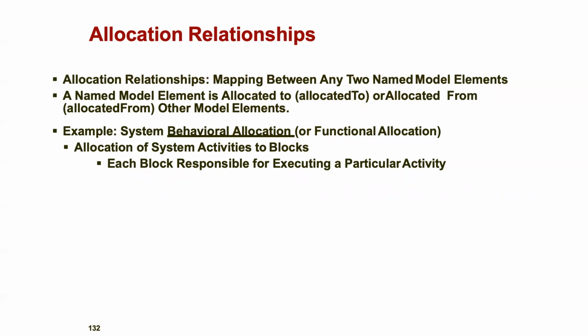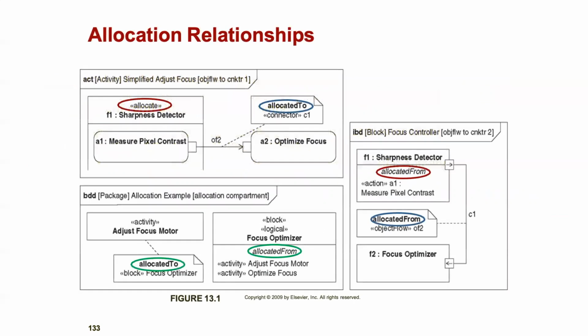So that's what we're trying to think about here in this section. So here we have these allocate relationships, allocated to, allocated from, that we're highlighting in a couple of different types of diagrams: an activity diagram, a block definition diagram, and an internal block definition diagram.